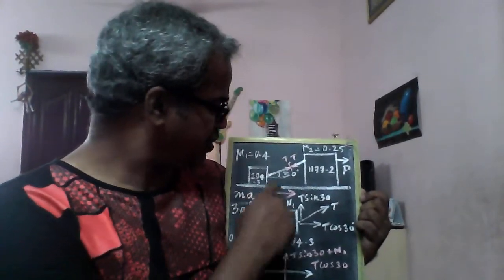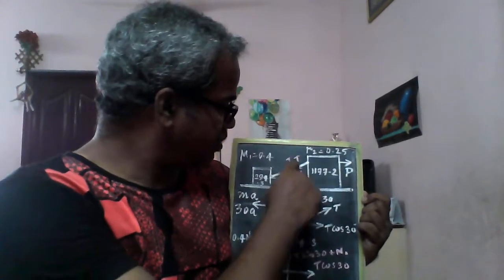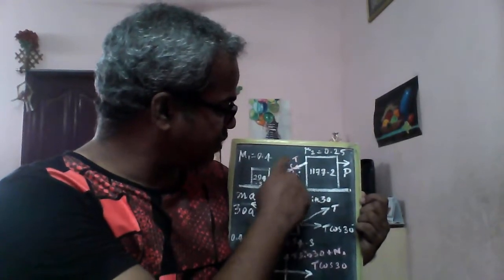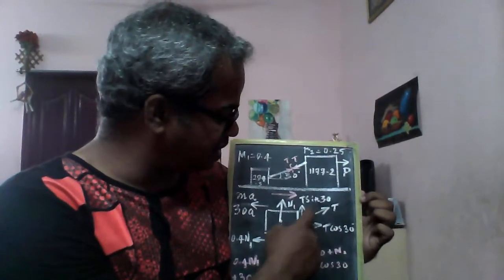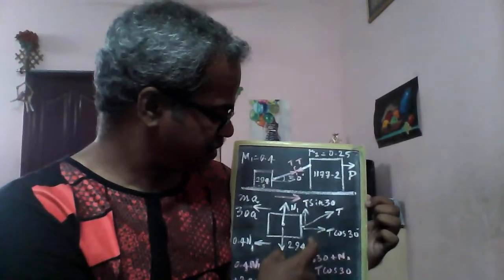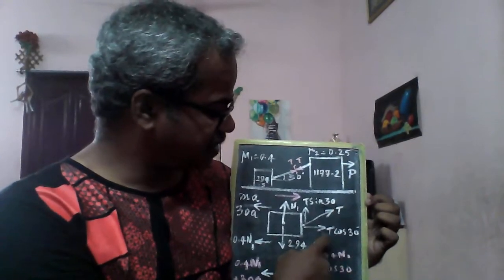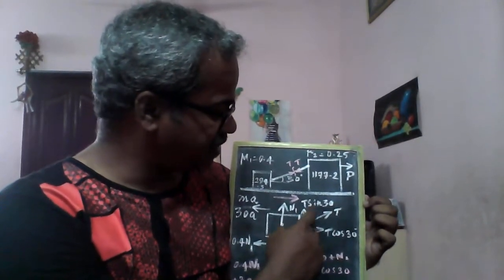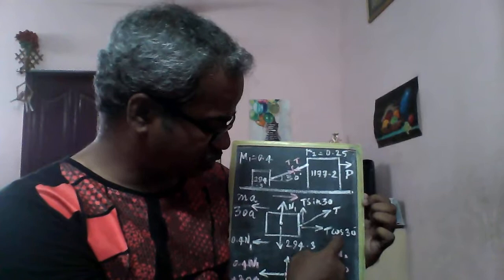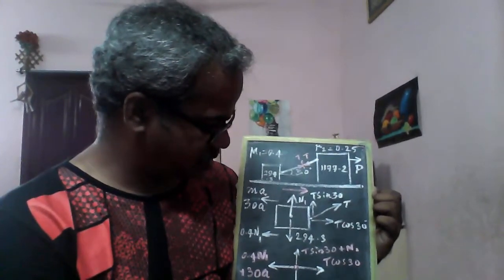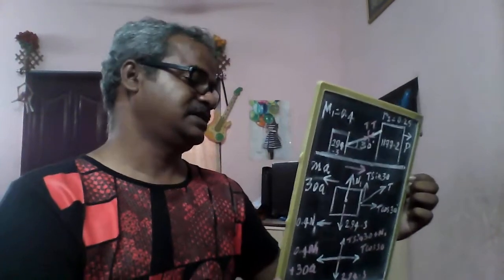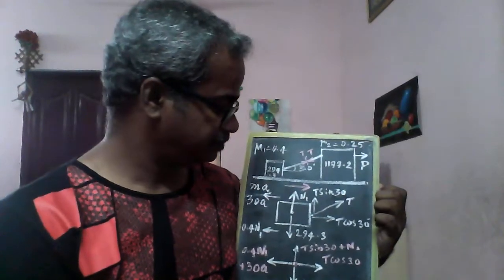So you see here, in this body, if I terminate the string, there will be a tension. That tension I can decompose into T cos 30 and T sin 30. T sin 30 is 0.5 T, and T cos 30 is equal to 0.866 T. Right.